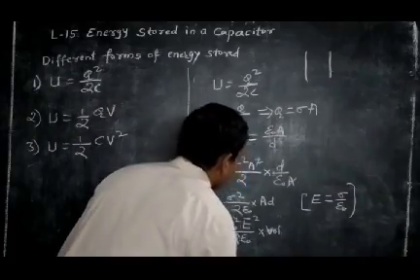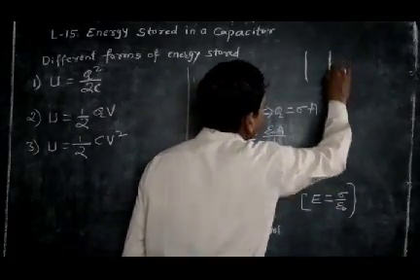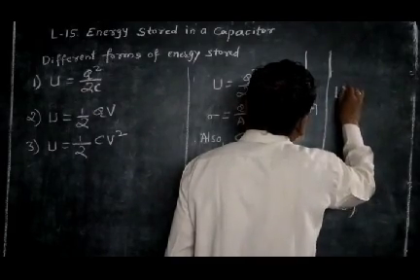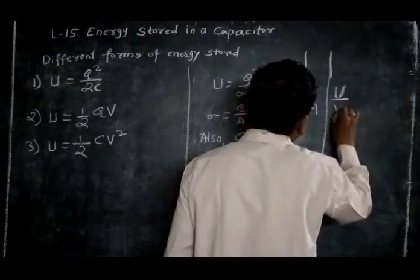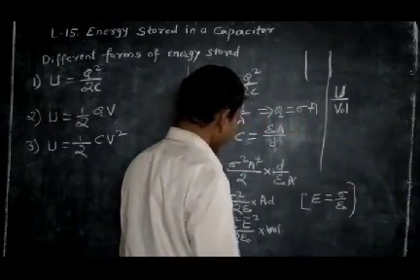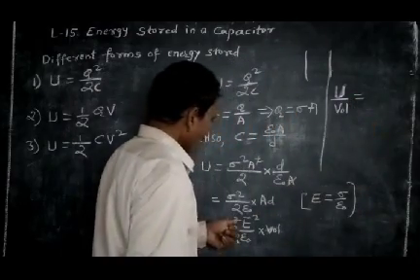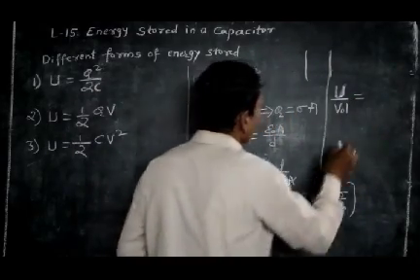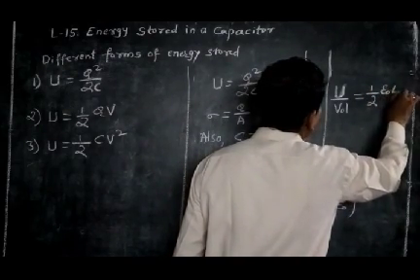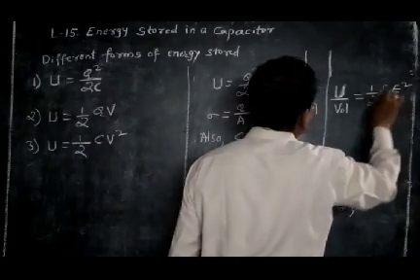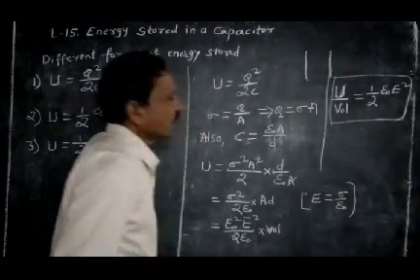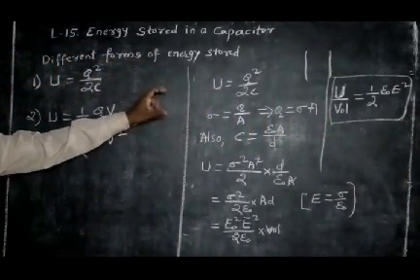This implies U upon volume, that is potential energy per unit volume, is equal to epsilon naught cancelled, remaining 1 by 2 epsilon naught into E square. This is the expression for energy density in the capacitor.